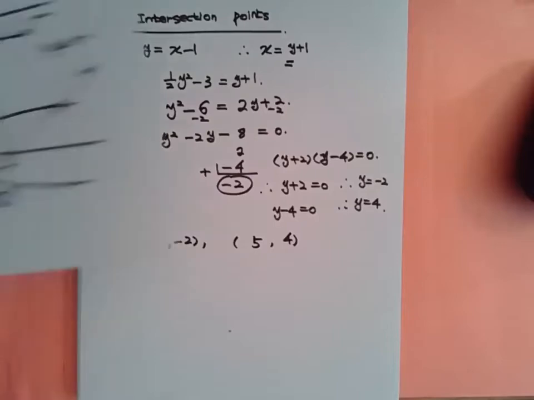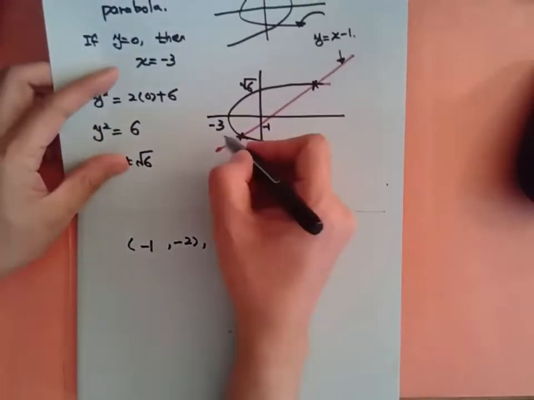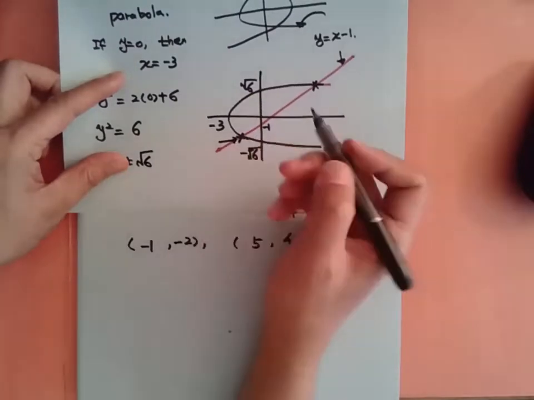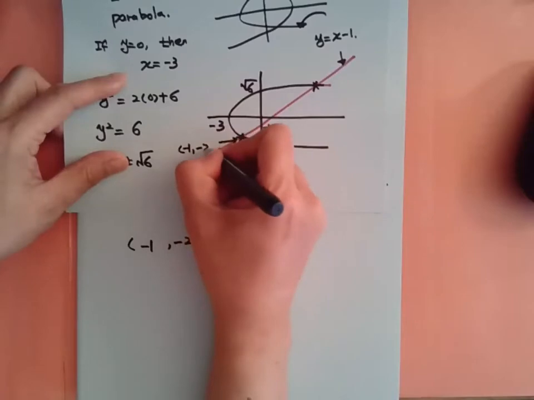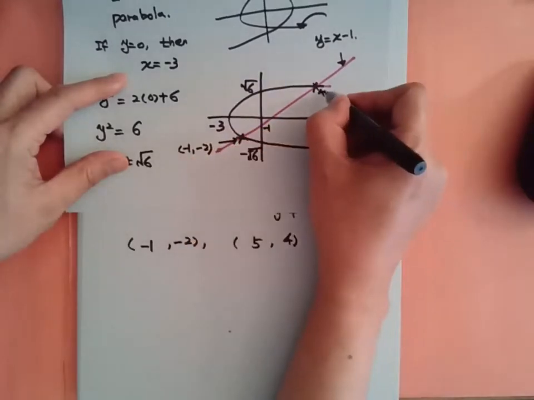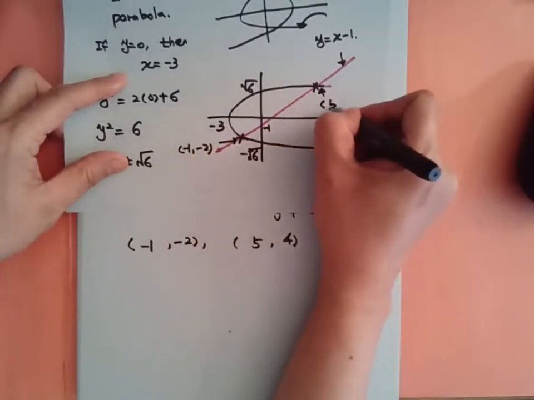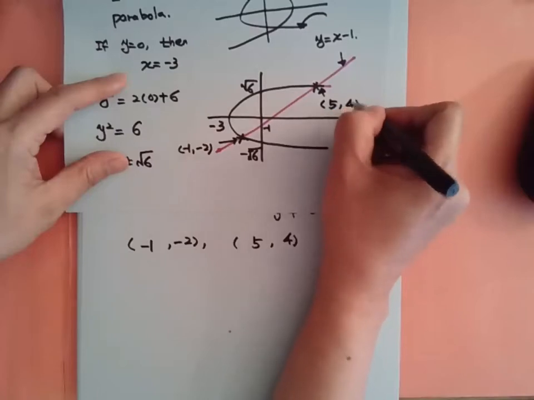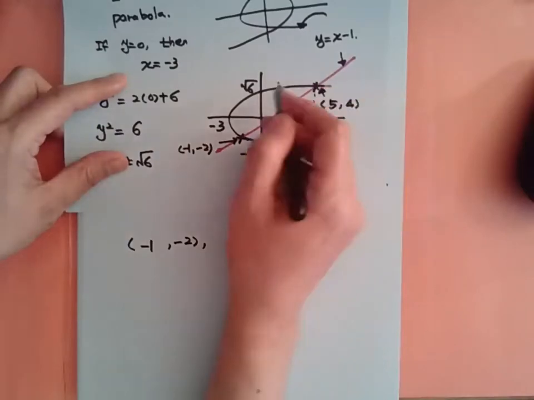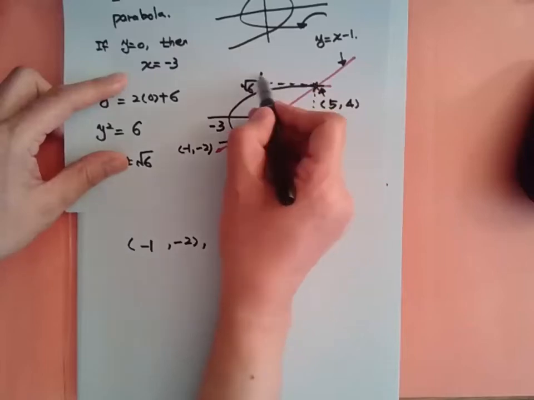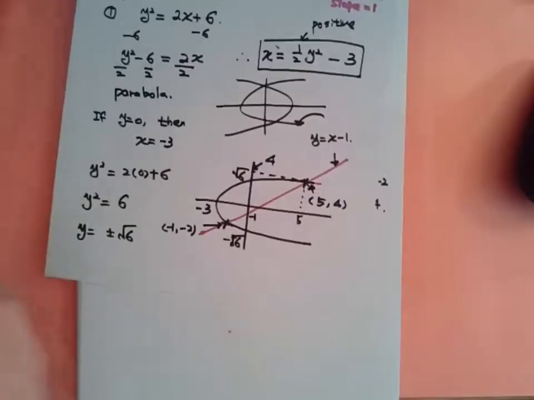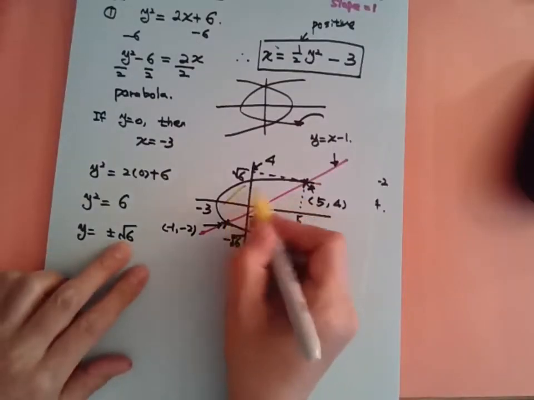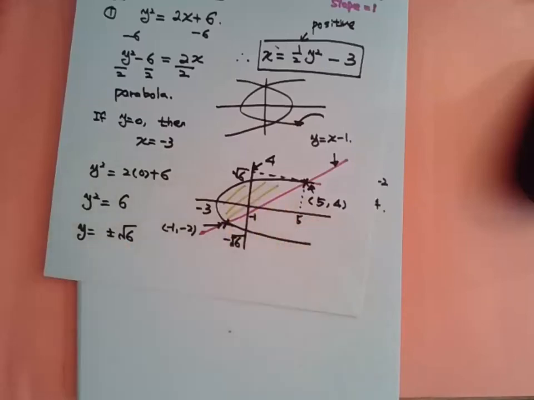So we figured out the intersection points. This one is x equals minus 1 and y equals minus 2. For this one, x is 5 and y equals 4. The area we are thinking about is this part.